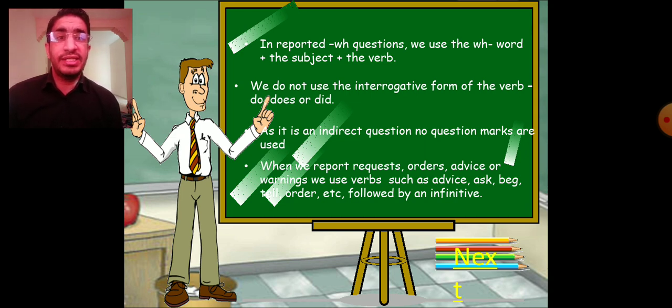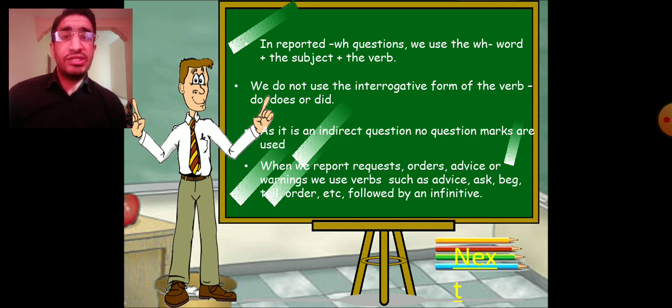All right. As well as for the orders, requests and advice, we use some words related to each category. For example, for request we normally say ask, for advice we say advise, for order we say he ordered you, for example.